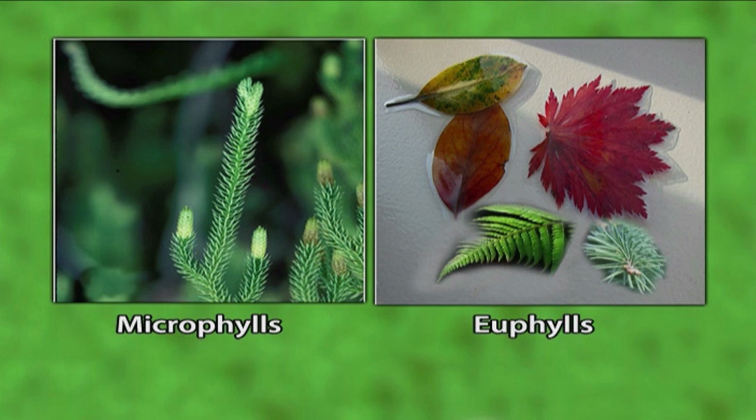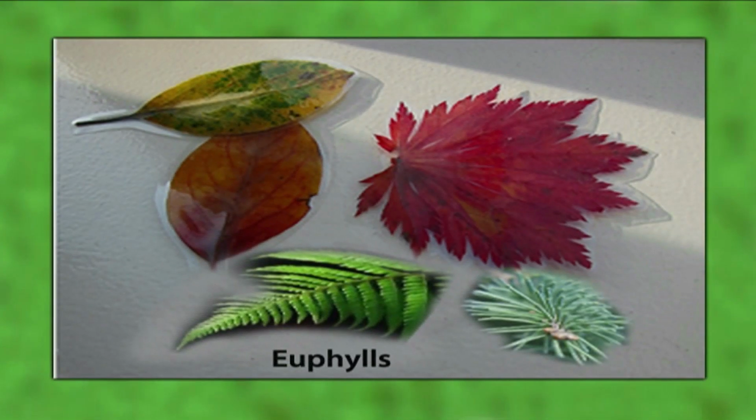This occurred independently in two separate lineages of vascular plants: the microphylls of lycophytes and the euphylls, that is true leaves, of ferns, gymnosperms and angiosperms. Euphylls are also referred to as macrophylls or megaphylls.